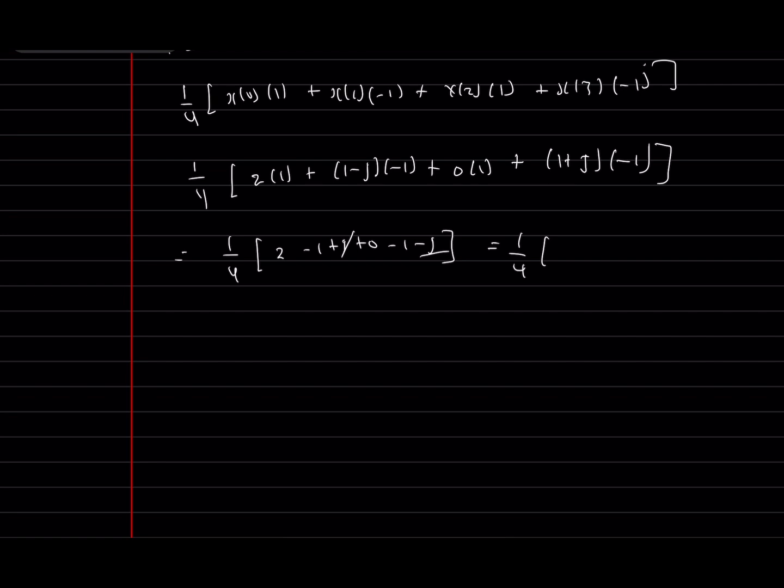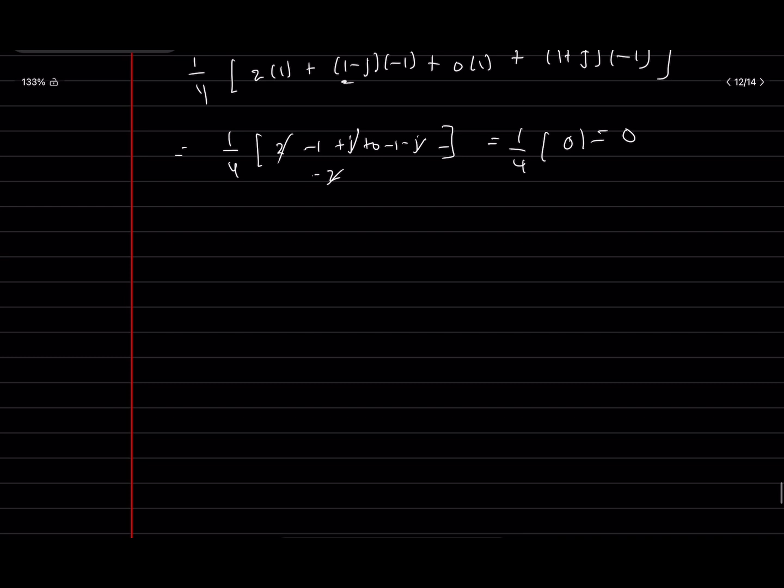Remember that here it's plus 1, so the 1 will go here, and let's say negative 1, sorry. So it's 2 minus 1 plus j plus 0 minus 1 minus j. J will cancel j, minus 1 minus 1 is minus 2. The 2 is 2 here, so we are going to get 0, and then 0 equal to 0.